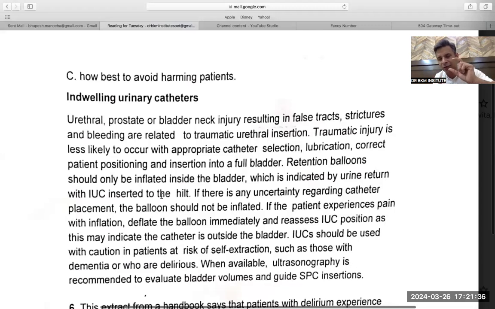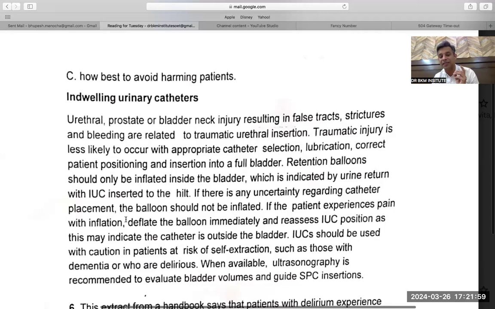They are saying the inflation of the balloon should happen when there is correct positioning in the bladder. If there is any uncertainty, that means if you are confused regarding catheter placement, the balloon should not be inflated. Again, if you inflate the balloon and you are not sure, it will cause traumatic injury.